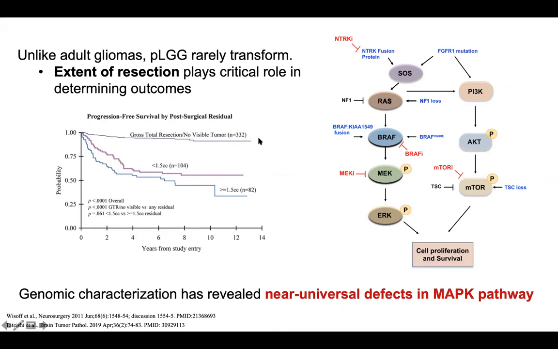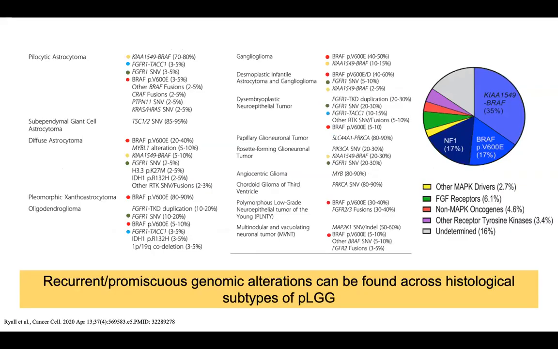So the reason I show this is that conventional grading criteria for these pediatric gliomas is essentially going to be thrown out the window. If it looks like it's low grade, then we'll discuss how to handle these, but they're a very different beast altogether.